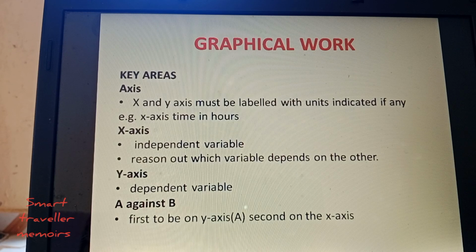A against B. Draw a graph of A against B means first to be on y-axis, A, second on the x-axis.